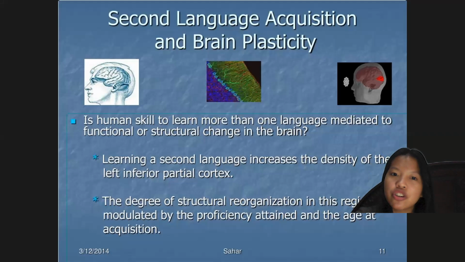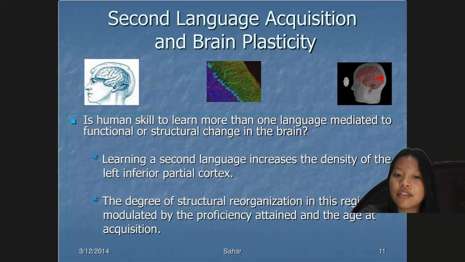Second language acquisition and brain plasticity is the human skill to learn more than one language, mediated by functional or structural change in the brain. The first is that learning a second language increases the density of the left inferior parietal cortex.